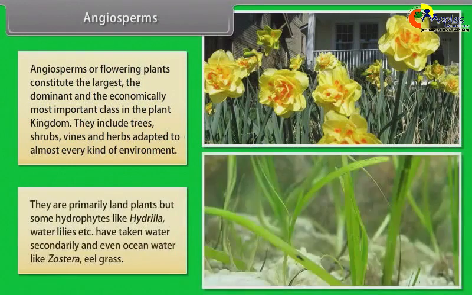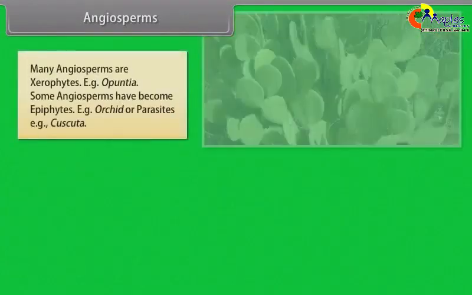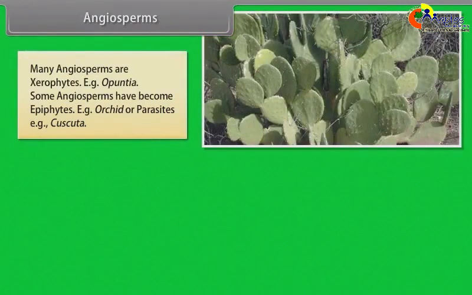They are primarily land plants, but some hydrophytes like Hydrilla and water lilies have taken to water secondarily, and even ocean water, like Zostera, eelgrass. Many angiosperms are xerophytes, for example Opuntia. Some angiosperms have become epiphytes, for example orchids, or parasites, for example Cuscuta.